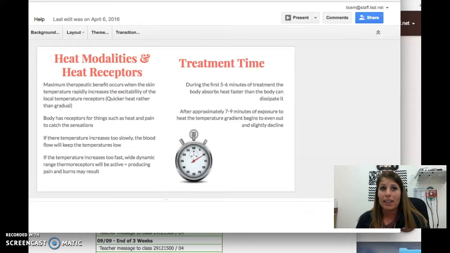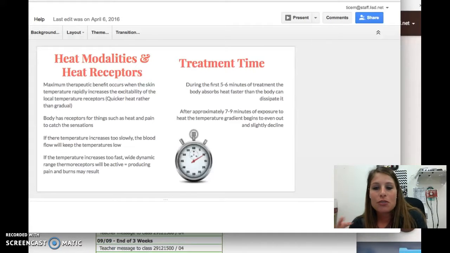Okay, when I am messing with a pot of boiling water and I go to dump it, and I get some water on myself, I know instantly, ouch, it's hot, it's burning, I'm in pain. Okay, instant. That is a reaction of the wide dynamic range thermoreceptors. Okay, so those are kind of like the panic button.